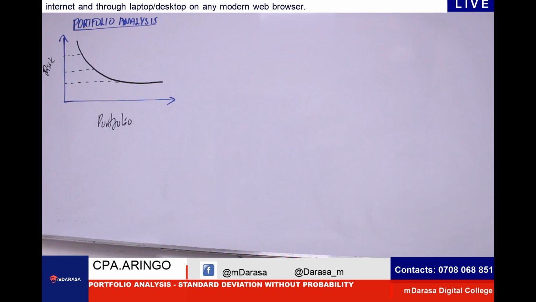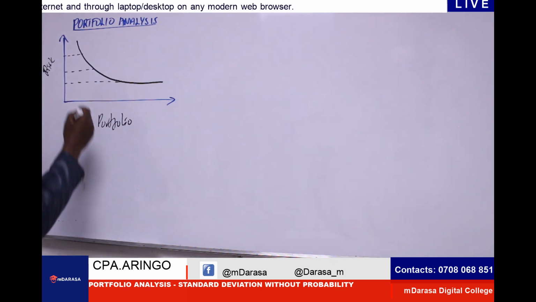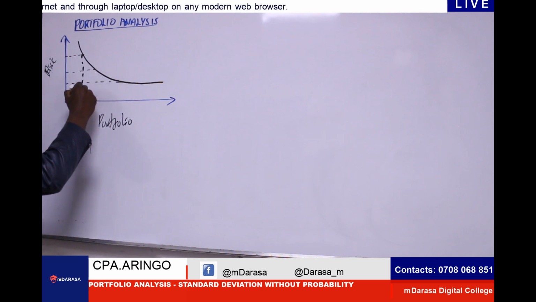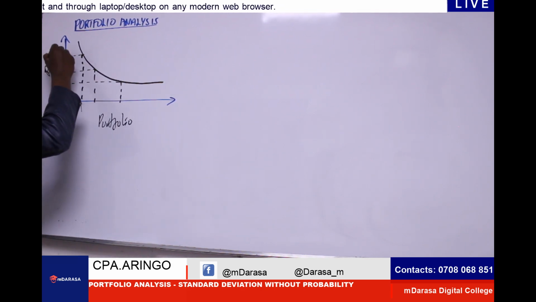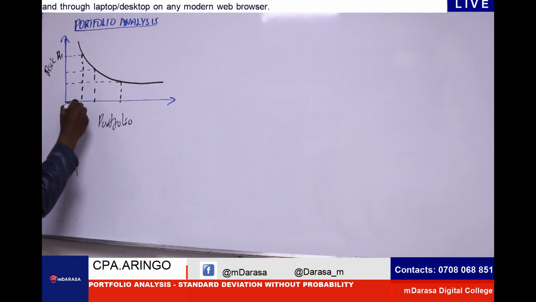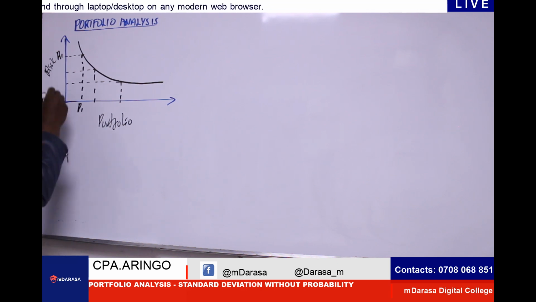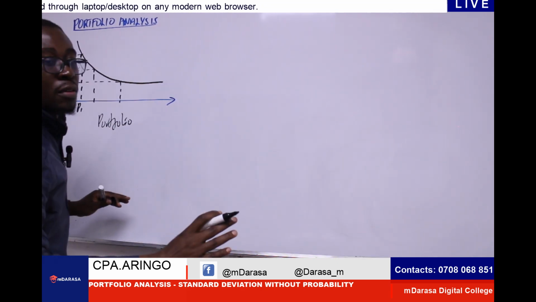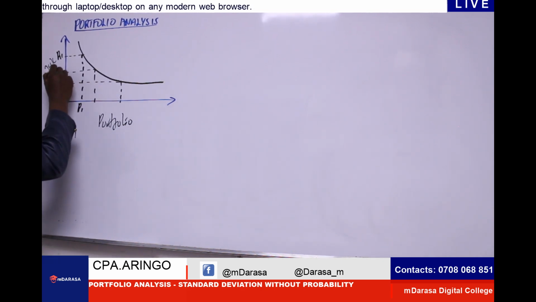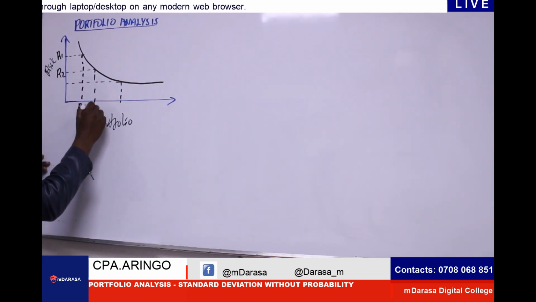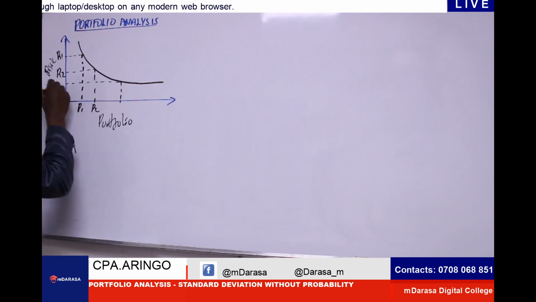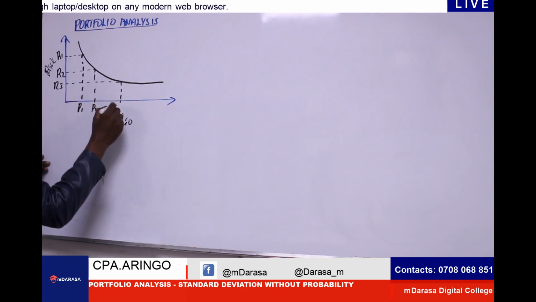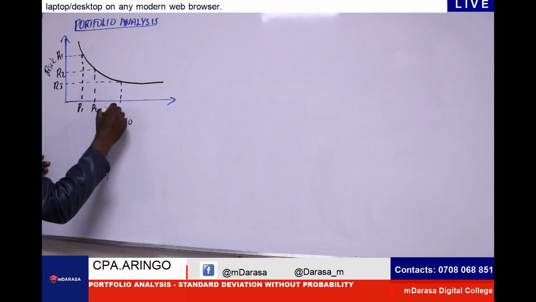There are these risks which can be minimized by holding a portfolio. Assuming this is risk 1, this is P1. The more portfolio I have, the lesser risk I'll be encountering.